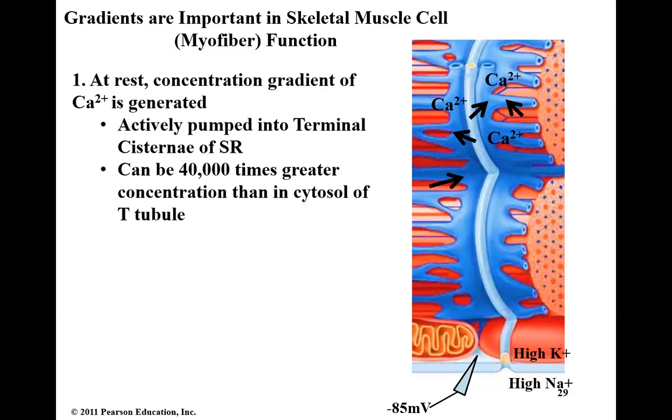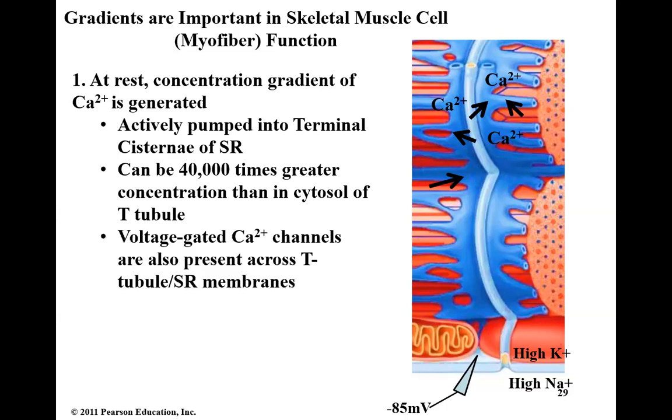In fact, it can be 40,000 times greater calcium levels inside this SR than it is outside. Okay, so huge concentration gradient here, right? We are setting ourselves up for a really rapid diffusion of calcium out of the SR. To be continued.